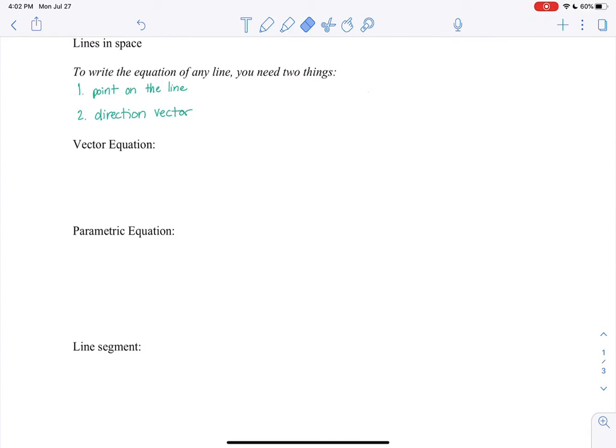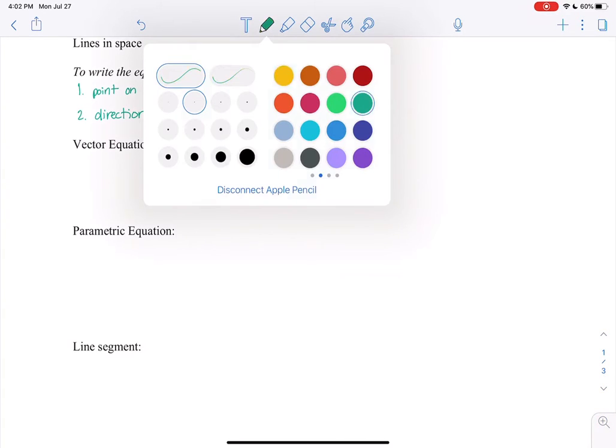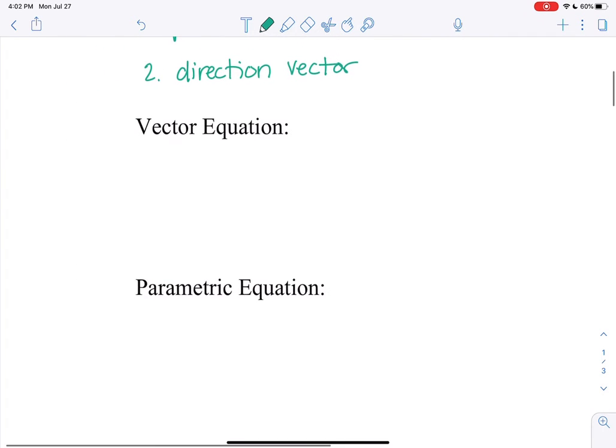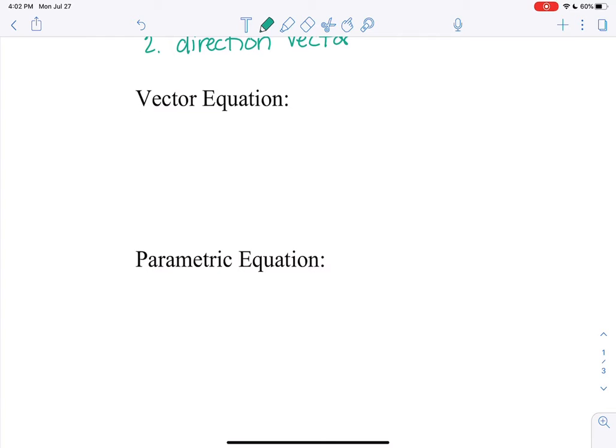So the equation for a line in general looks like this. The vector version of the equation is r of t equals r naught, the original point, plus t times v.